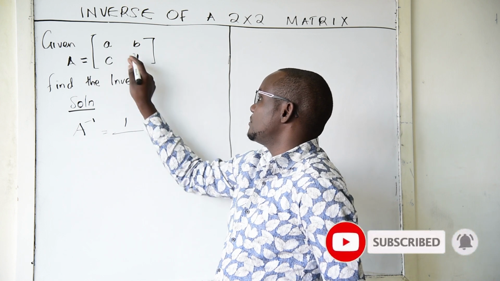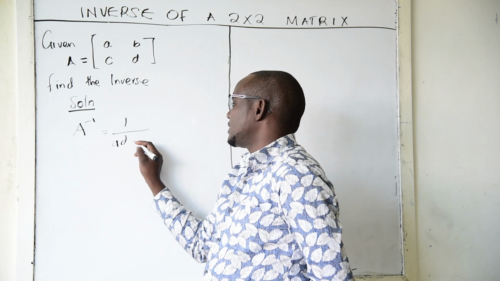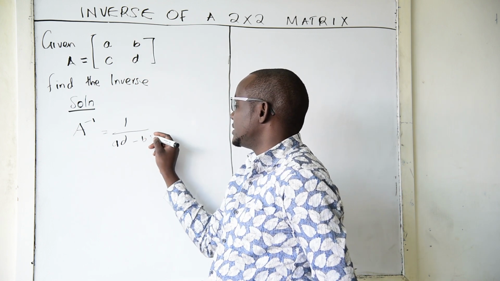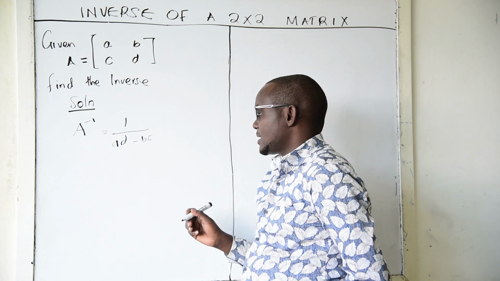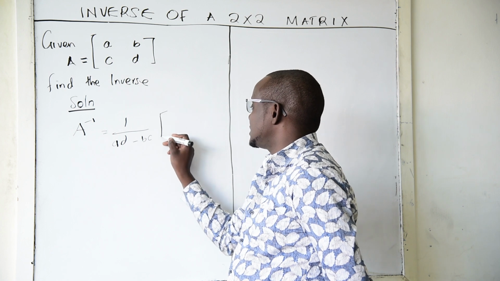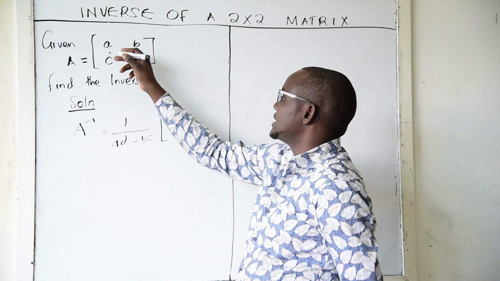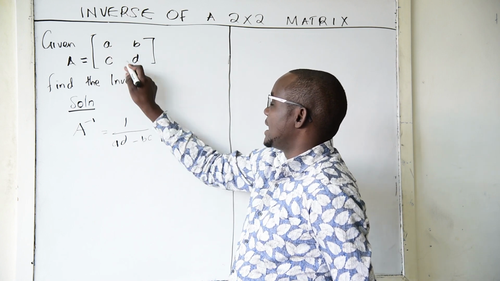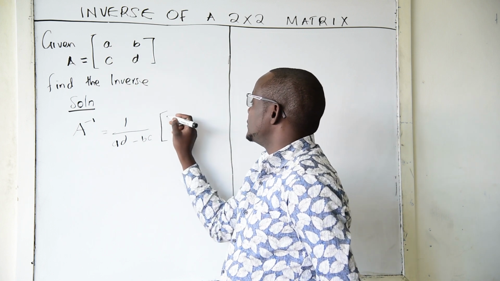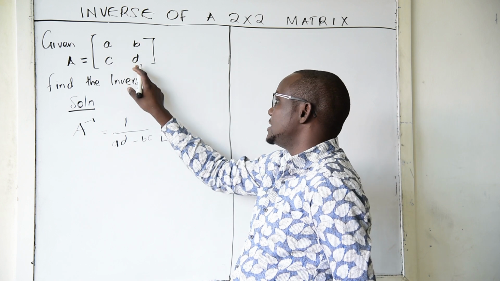You take a multiplied by d, which is ad, minus b multiplied by c. Then this 1 over the determinant is multiplied by the matrix in which you interchange elements a and d, which is d, a.